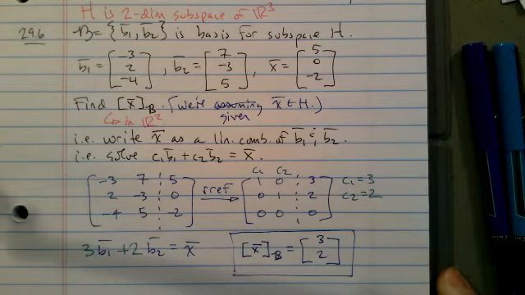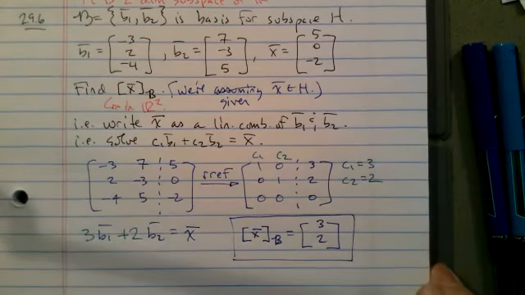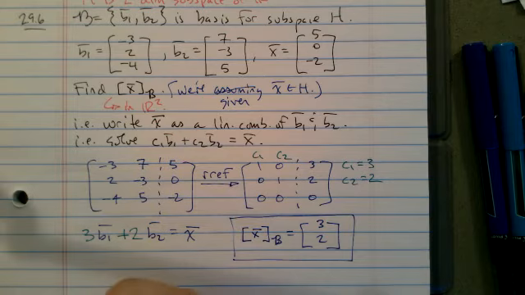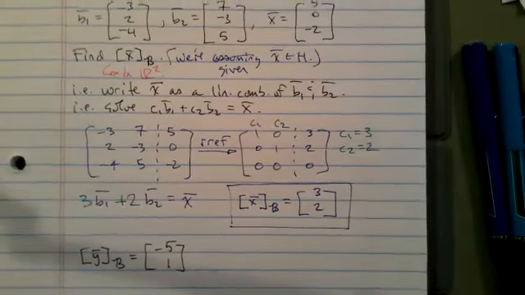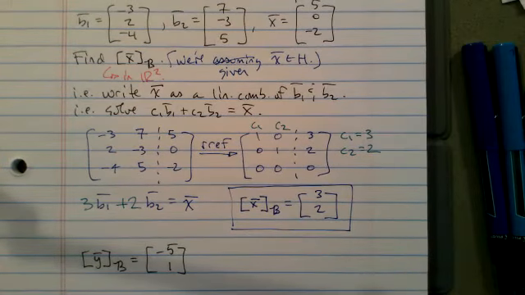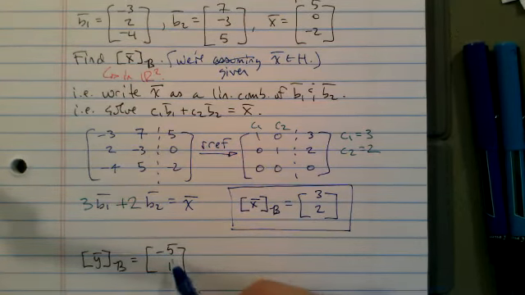If I added on to this, in 2.9 problem 6, alternate version, if I told you that the coordinates of y relative to B were -5, 1, I'm giving you the linear combination of the columns of B that gives you y.